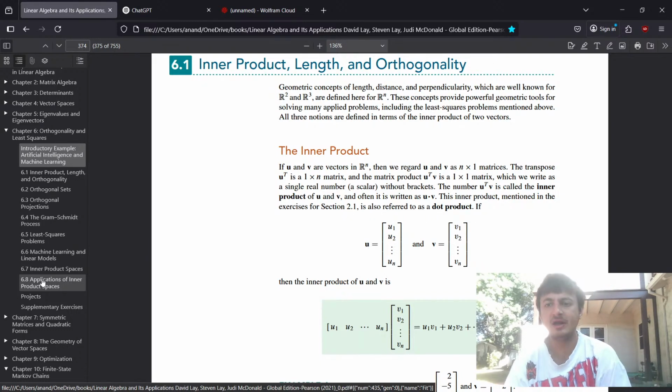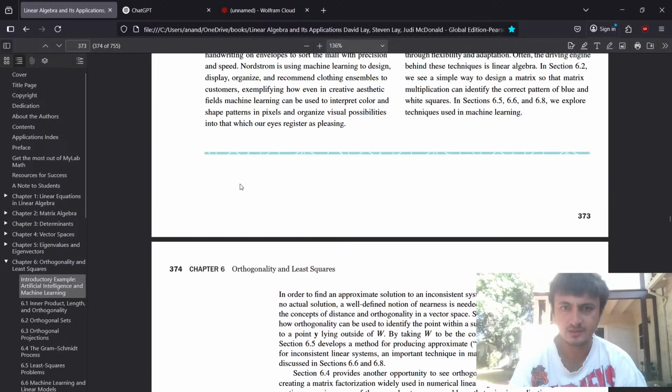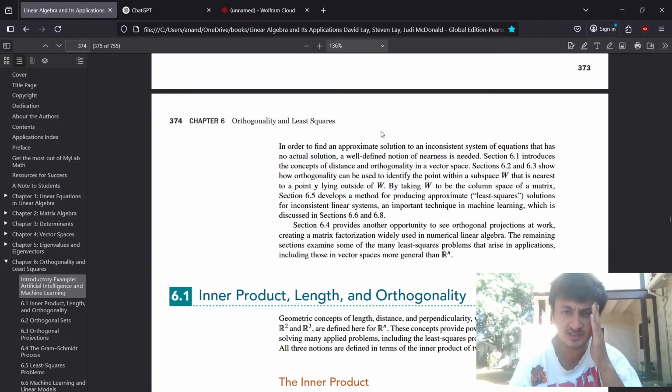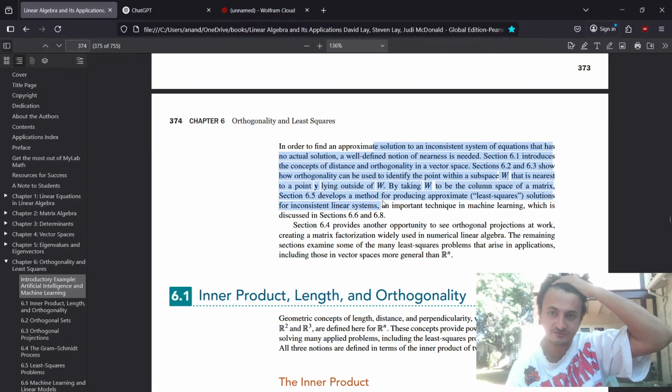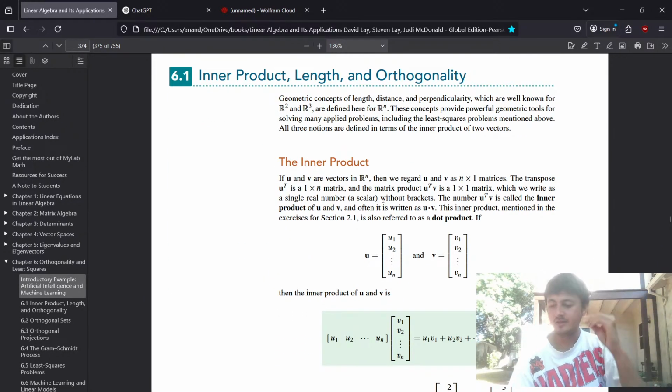These concepts provide powerful geometric tools for solving many applied problems, including the least squares problem mentioned above. They had an introduction thing. In order to find an approximate solution to an inconsistent system of equations that has no actual solution, a well-defined notion of nearness is needed. So that's sort of the context.